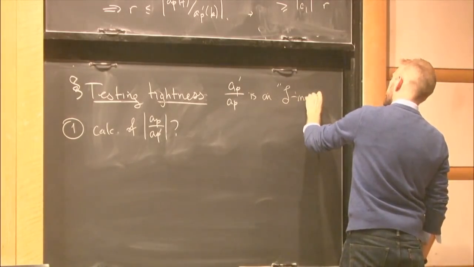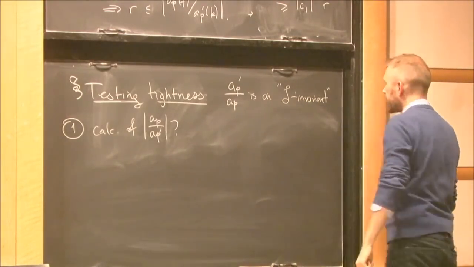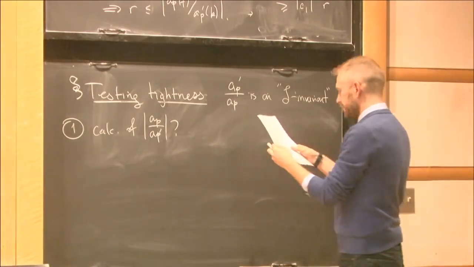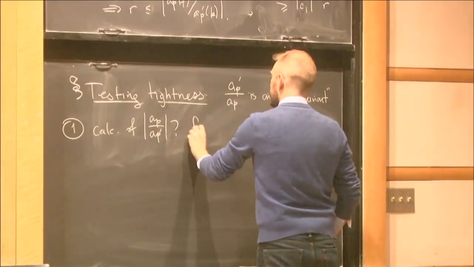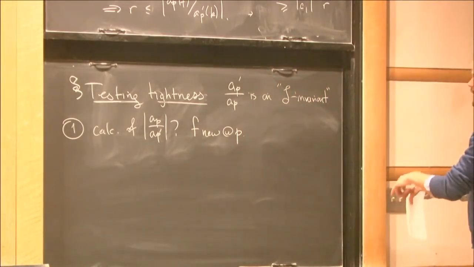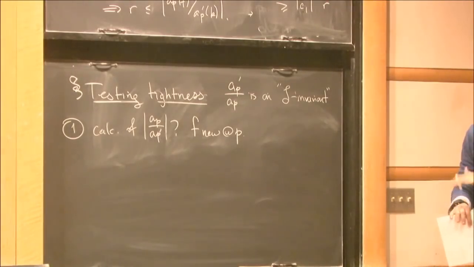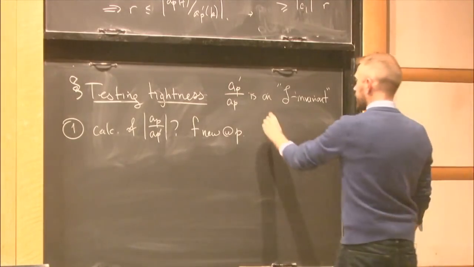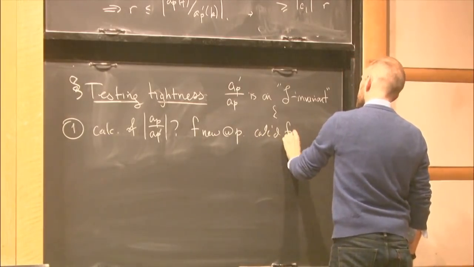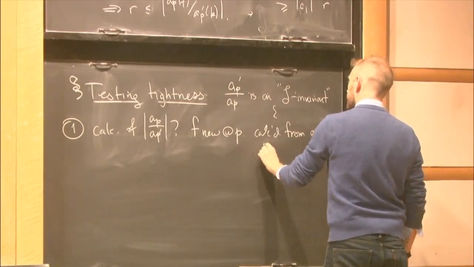There are different recipes for how to calculate these things. Maybe what I can say is, if f is new at p, then the corresponding L-invariant can be calculated from the theory of p-adic L-functions. These are calculated from a p-adic L-function.